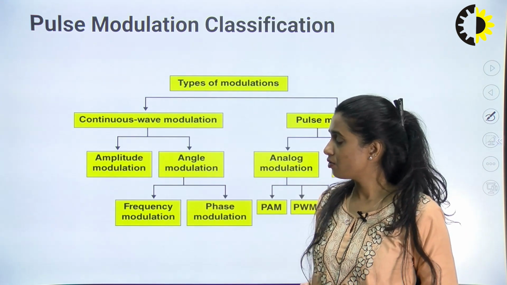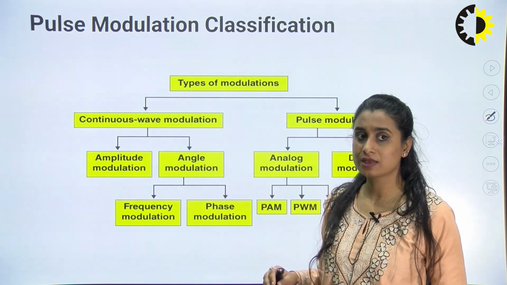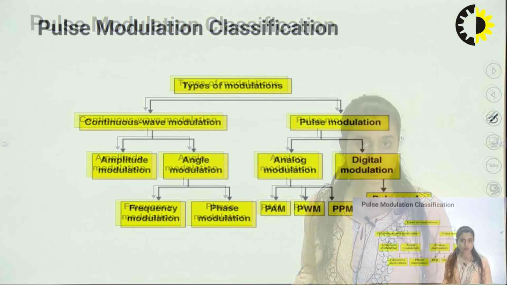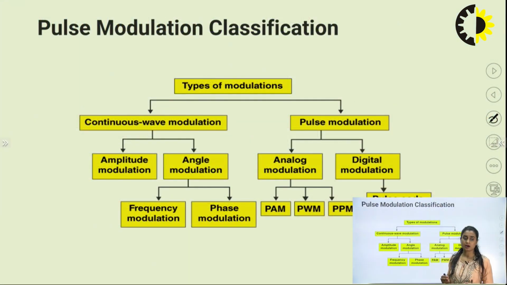In amplitude modulation, the characteristics of a high frequency carrier wave are altered with respect to the instantaneous value of the message signal, where the amplitude of the high frequency carrier is altered with respect to the low frequency message signal. And in both amplitude modulation and angle modulation, the message signal that we consider is always a voltage signal.